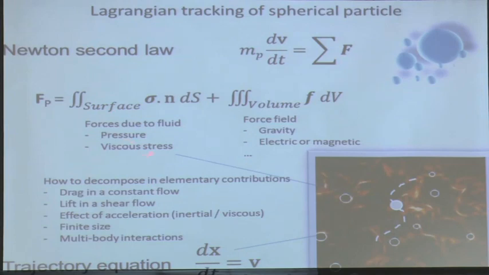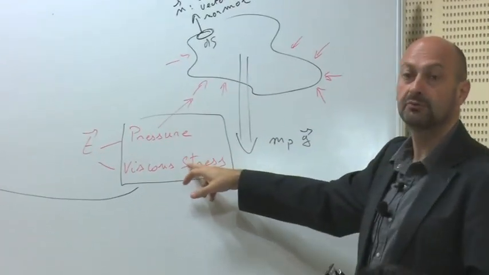So we have pressure, we have viscous stress, and all these forces are going to be summed over the surface. And the problem is when you have a complex flow, like a turbulent flow, around the single particle, you may have a flow which is non-constant, non-homogeneous. Of course, along the surface, the stress will not be constant.